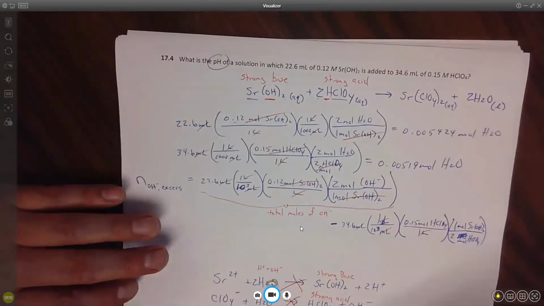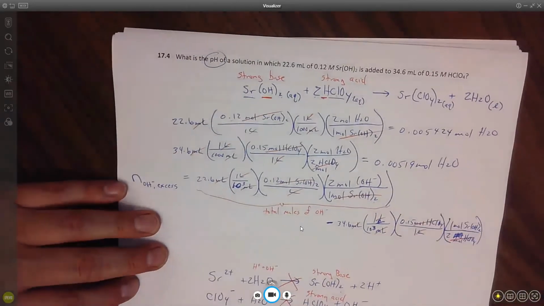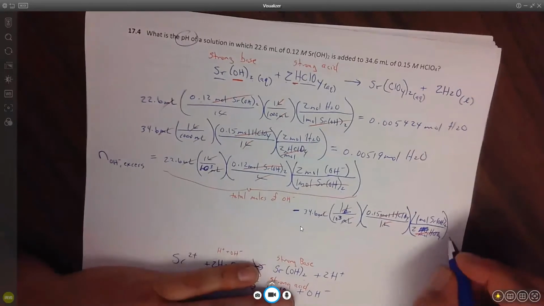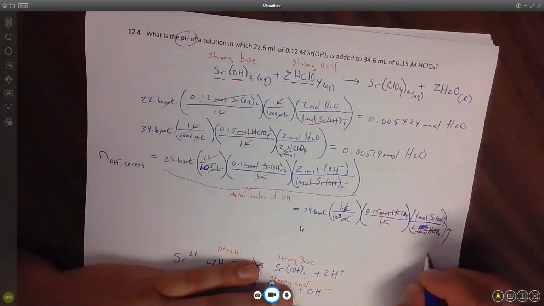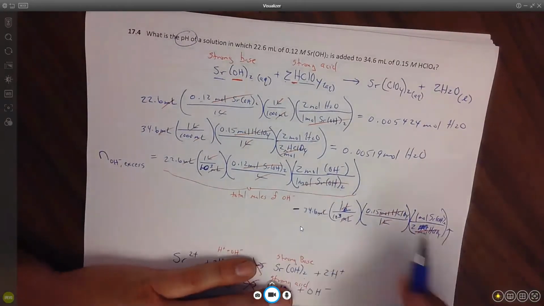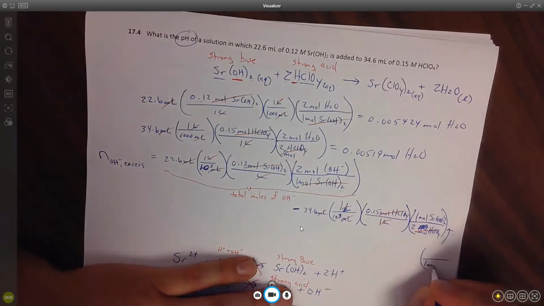Okay, so that would get rid of that. And then again, we want the hydroxide. So here, we're going to say, just like we said here, right? For every 1 mole of strontium hydroxide, there is 2 moles of our hydroxide.